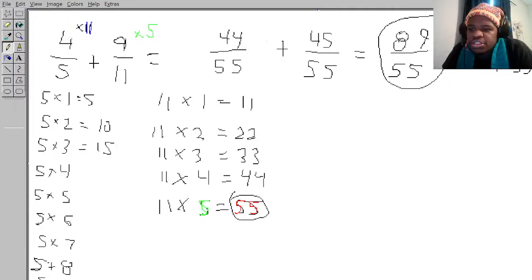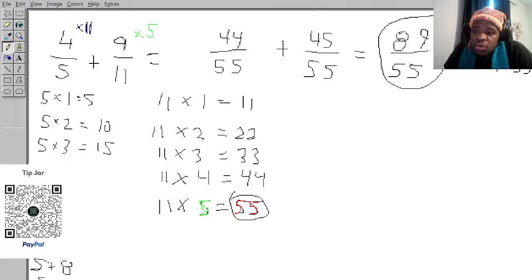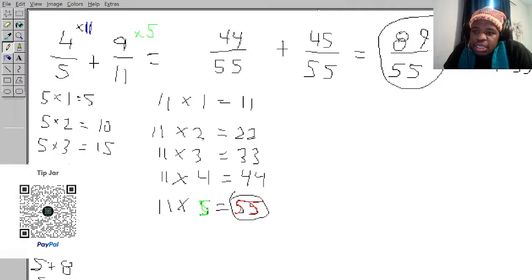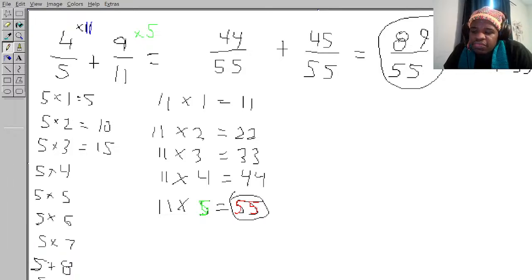So I was checking to see if it simplifies. The rules of simplifying a fraction are if both of them are even, or can it be divided by 3. The option for divisible by 3 is, oh no, the digits have to add up to a number divisible by 3.